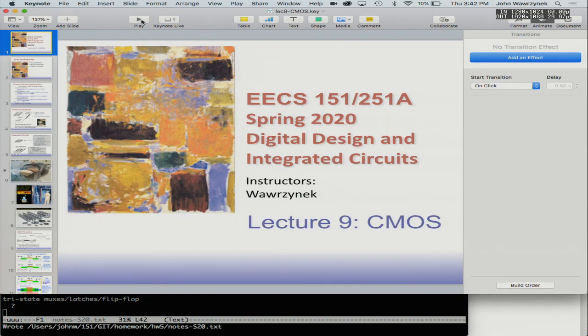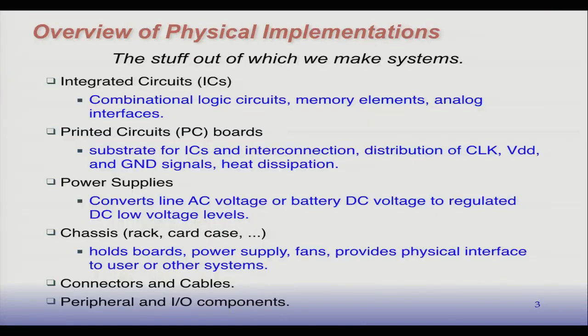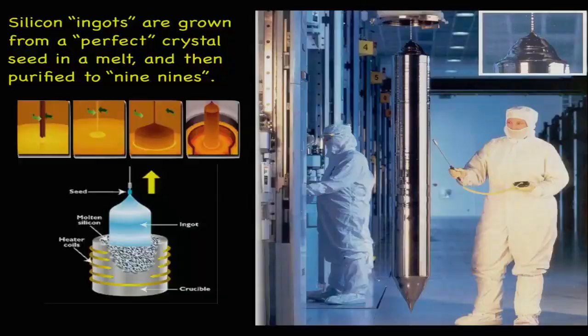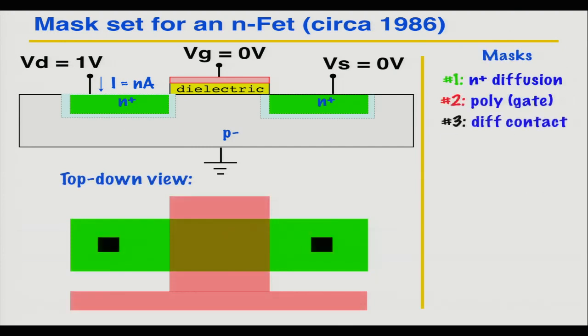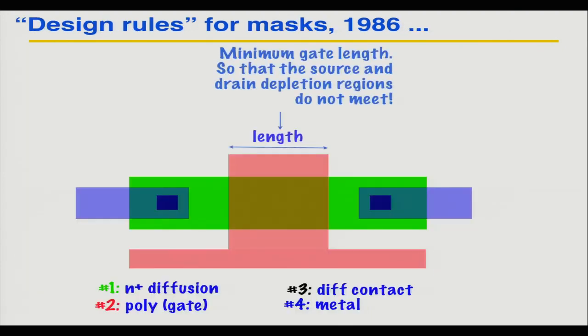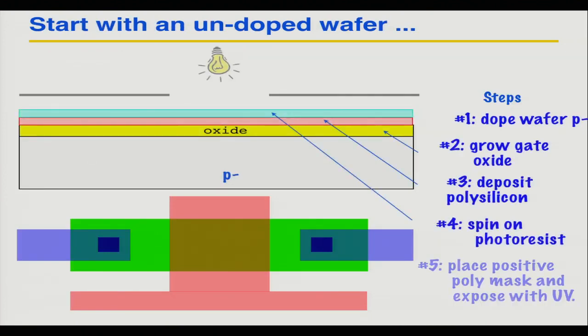Okay, we're going to start. So last time we started talking about CMOS, and I think what we covered last time was talked a little bit about processing ICs. I gave you a very simplistic view of how chips are fabricated. And this is mainly for background.